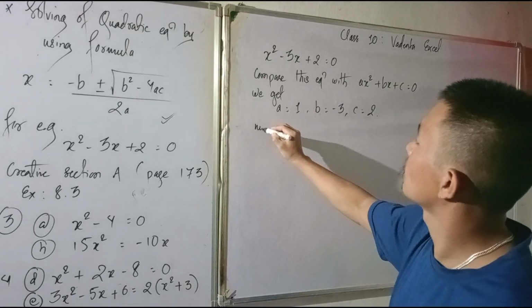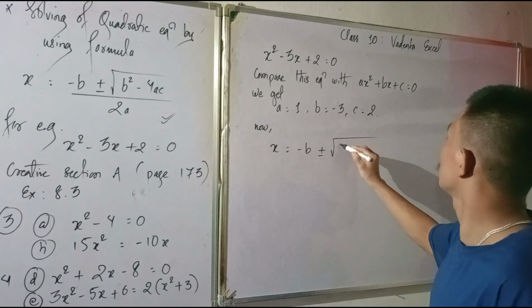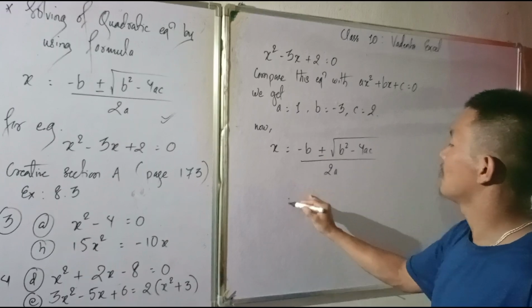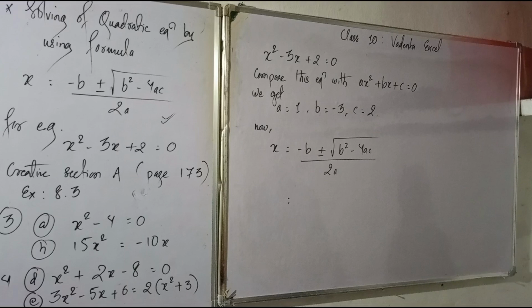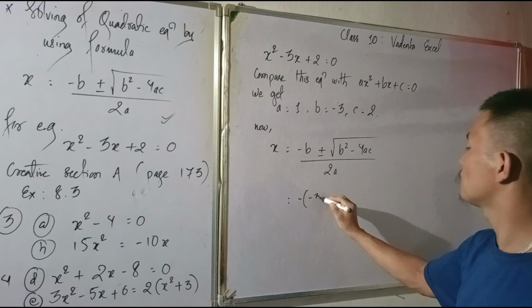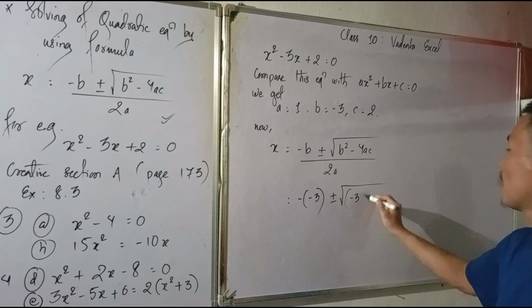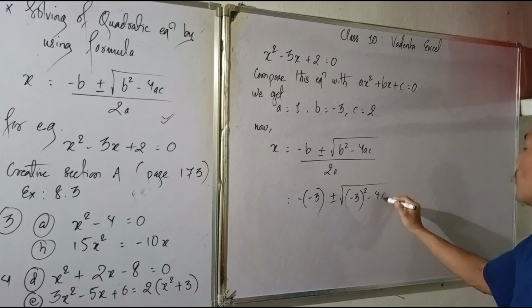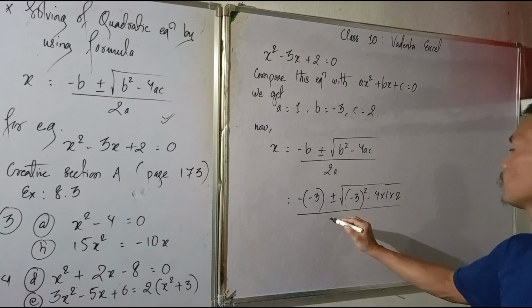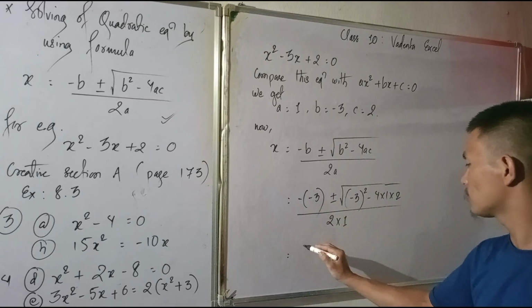So now you can directly use the formula: x equals minus b plus minus under root b squared minus 4ac divided by 2 times a. Now just replace the values of a, b and c. So minus b is minus of minus 3, plus minus under root of minus 3 squared minus 4 times a, which is 1, times c, which is 2, divided by 2 times a, which is 1.